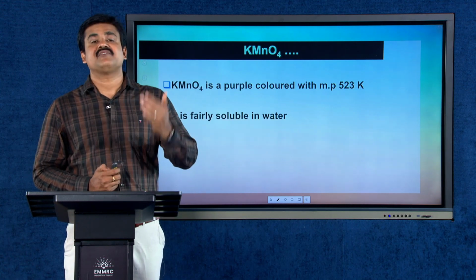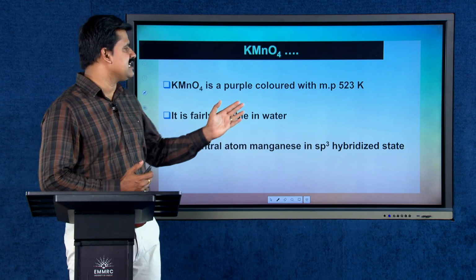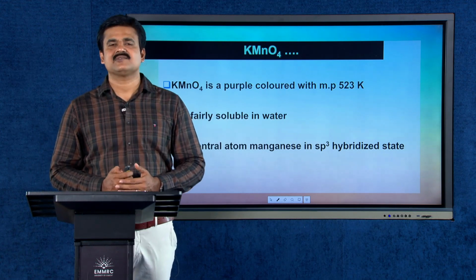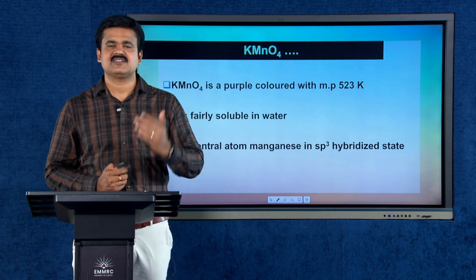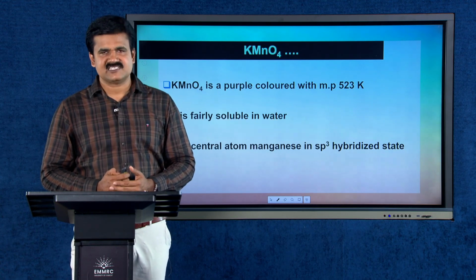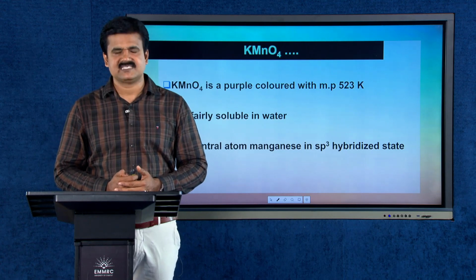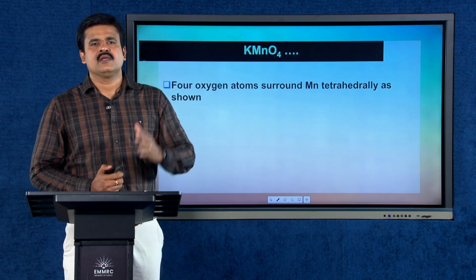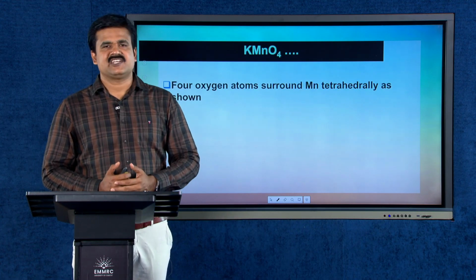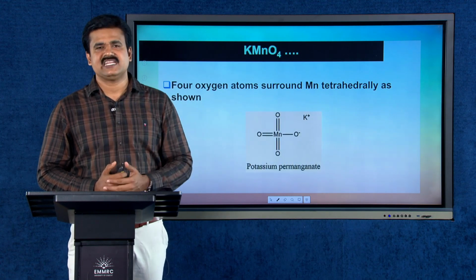Now, it is fairly soluble in water. The central atom manganese is in sp3 hybridized state as far as the hybridization of the central atom is concerned. I already mentioned it is in the +7 oxidation state. At the same time, its hybridization is sp3 hybridization. Now, there are 4 oxygen atoms surrounding manganese tetrahedrally as shown in this picture.